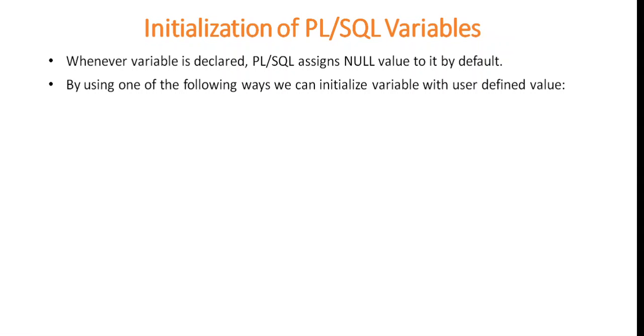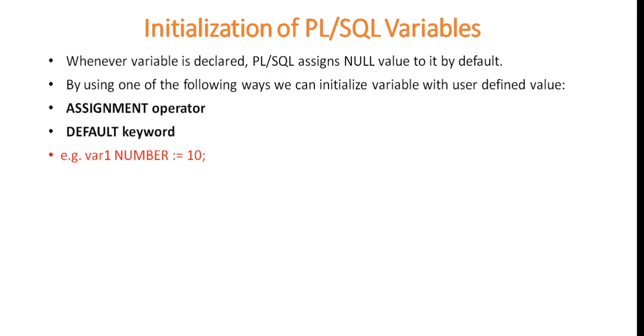Now, if you want to initialize your variable with some value, then we have two ways to initialize the variable. First, you can initialize a variable by using the assignment operator. We have just seen that assignment operator. Okay, so by using the assignment operator, we can initialize a variable, or by using the default keyword also we can initialize the variable.